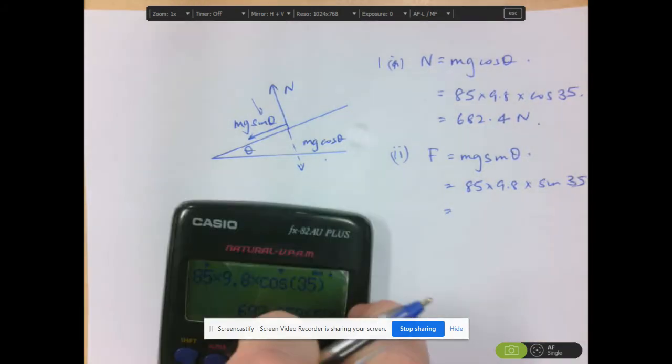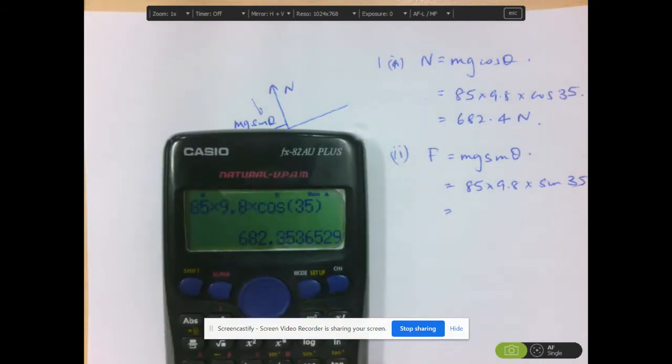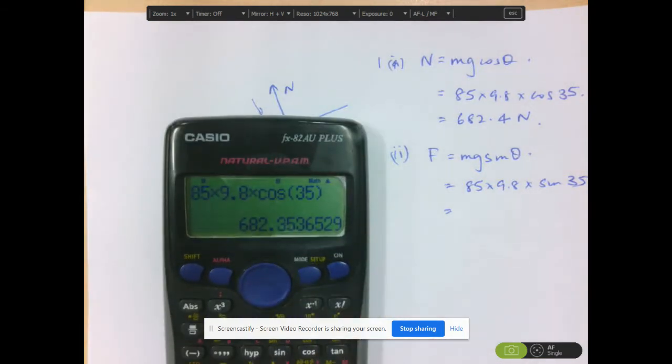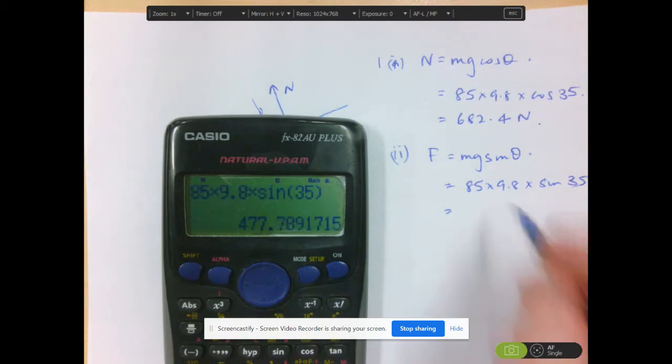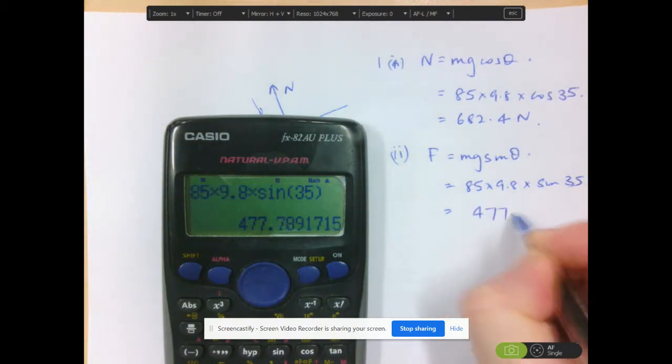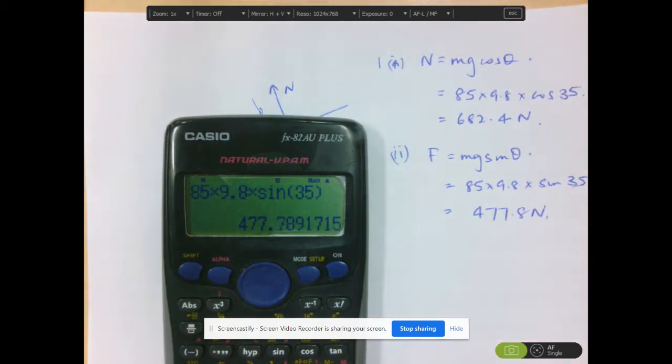Once again, just calculating that, that's 85 times 9.8 times sine of 35, and we get 477.8 newtons going down the slope.